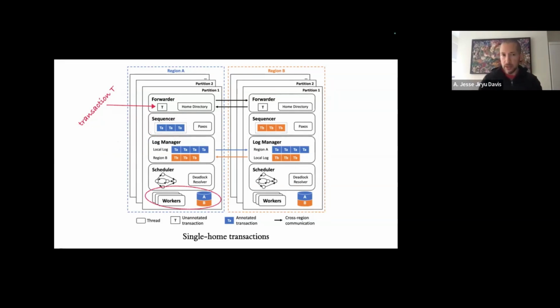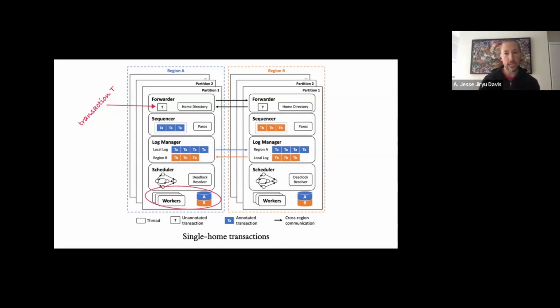Transactions are stored in the logs, and then they're asynchronously replicated between regions. Single home transactions, because they're just totally ordered in a sequence, can be arranged according to their dependencies, and there won't be any dependency cycles.